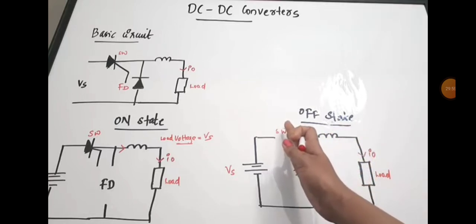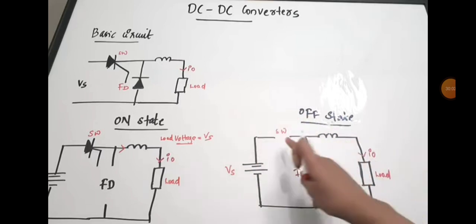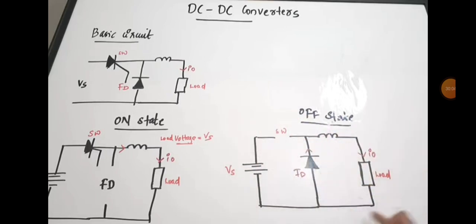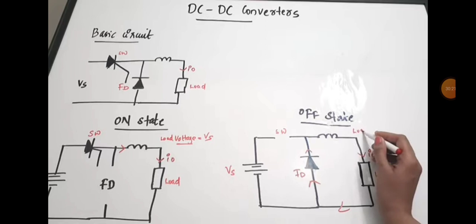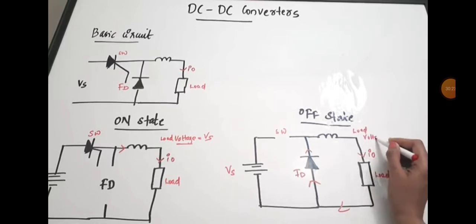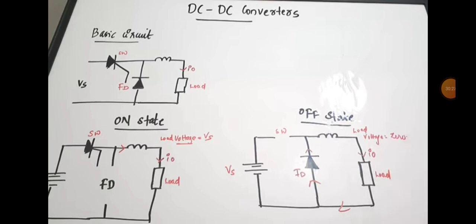The connection with the source side has been disconnected with the help of the switch, and a short circuit is formed here. So the load current will flow through the freewheeling diode like this. As a result, the load terminal will be short circuited by the freewheeling diode and the load voltage is equal to 0. So I can write here load voltage is equal to 0. Okay, 0 volt is the load voltage.